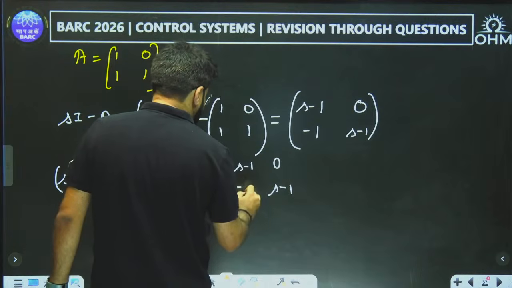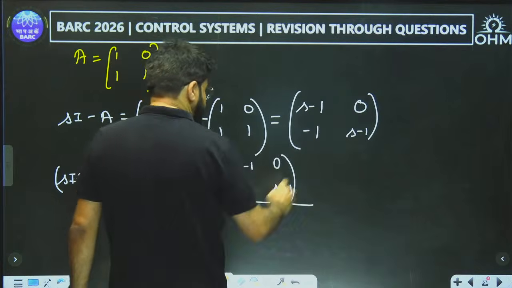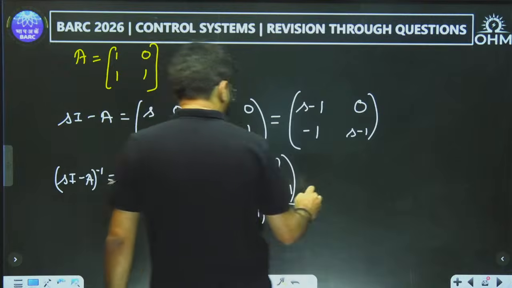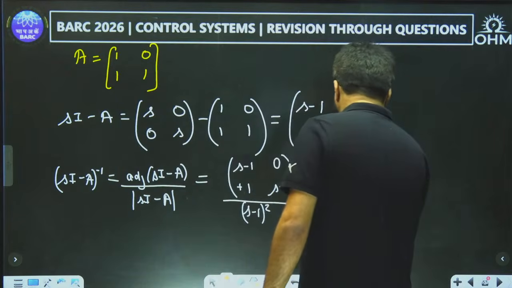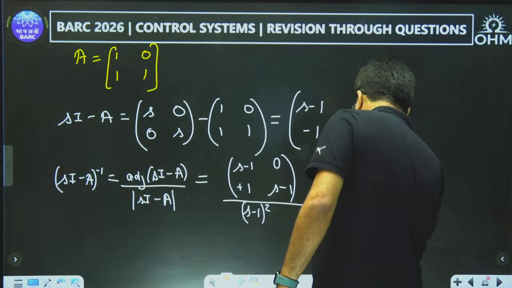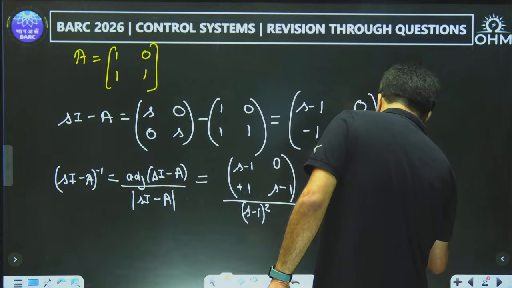This is 0, this will become plus 1, whole divided by the determinant, which is (s minus 1) squared. When you divide by (s minus 1) squared, the first term is 1 upon s minus 1, next is 0, next is 1 upon (s minus 1) squared, and last is 1 upon s minus 1.